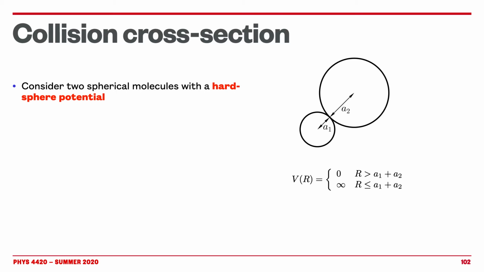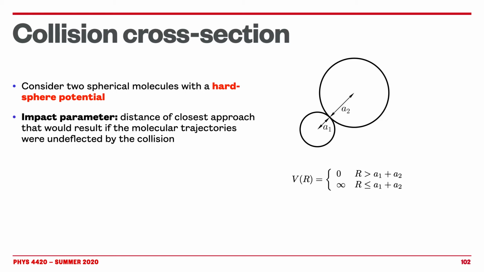So for this, we are going to give an impact parameter for each molecule. Let's say here we have two different molecules, one has a radius A1, and the other one has a radius A2. We are going to discuss this radius or impact parameter as a distance of closest approach that would result if the molecular trajectories were undeflected by the collision.